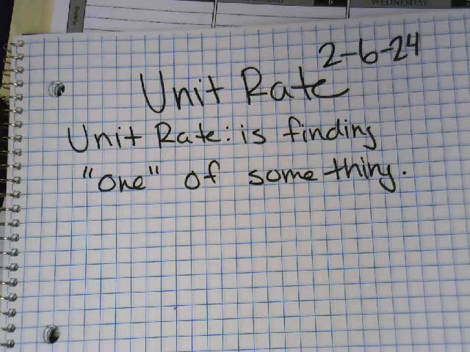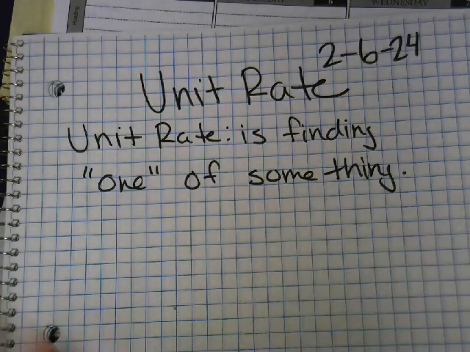You guys don't realize it, but people who really watch their money will be like, okay, do I buy this or this one? What's the price of this one per unit rate compared to this one per unit rate? And yeah, you save money. Anyways, that's for later. So we're going to find one of something.